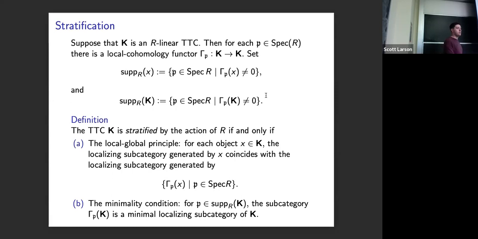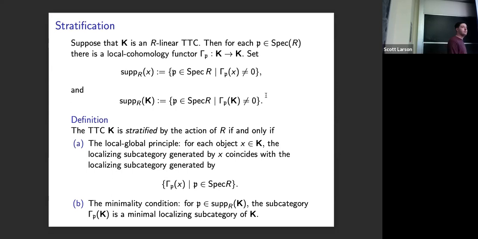The second condition is minimality. So given a prime ideal in the support of K, we want that gamma P of K is a minimal localizing subcategory. So these P's kind of correspond to minimal localizing subcategories. And when these two things hold, we say that K is stratified.